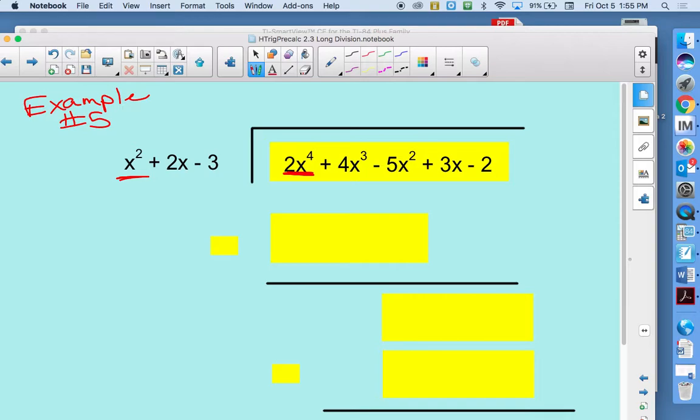So just so you can see how it works with a trinomial, you're still only focusing on the first term. It doesn't matter that there are two terms following it. Brandon, if you have an x squared, what would you multiply it by to make it 2x to the fourth? 2x squared. And then you're taking that 2x squared and you're multiplying it with the trinomial, x squared plus 2x minus 3.